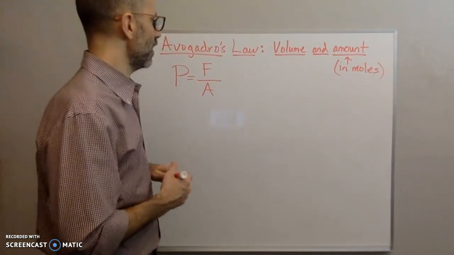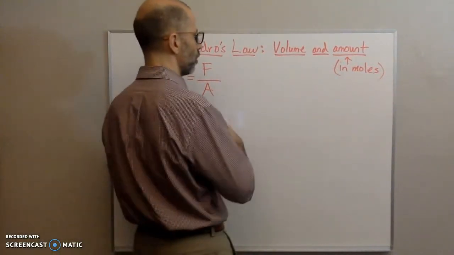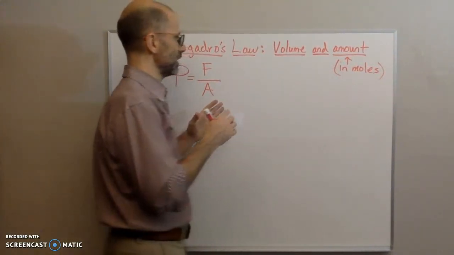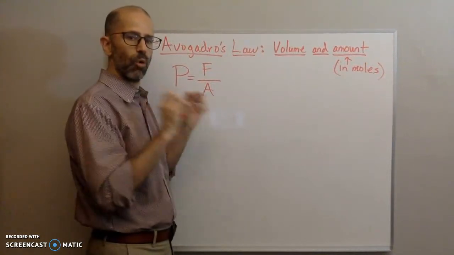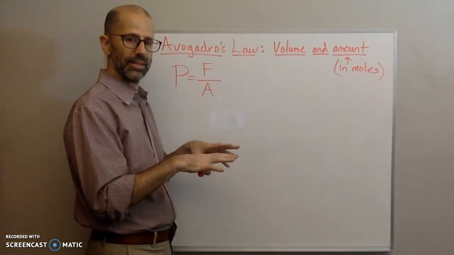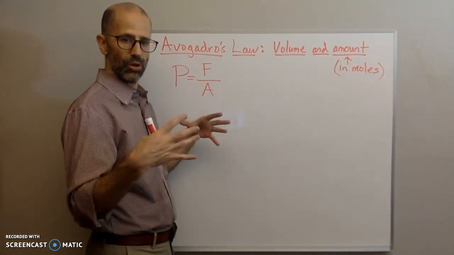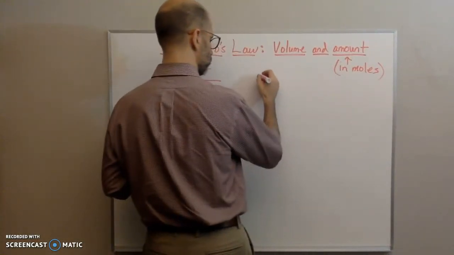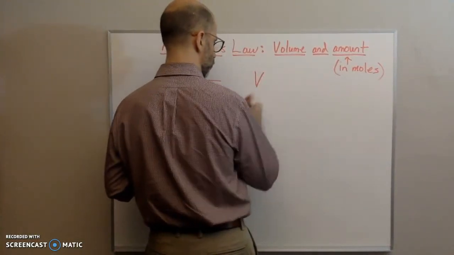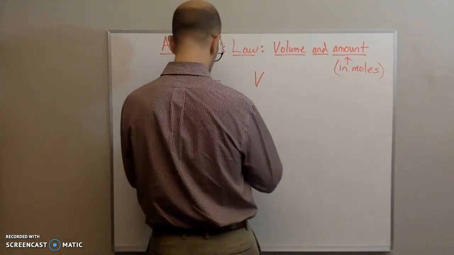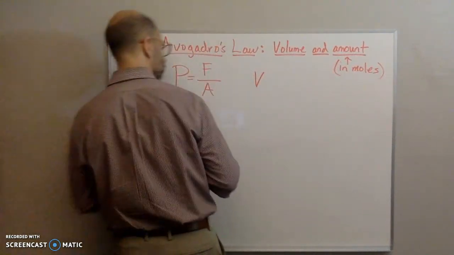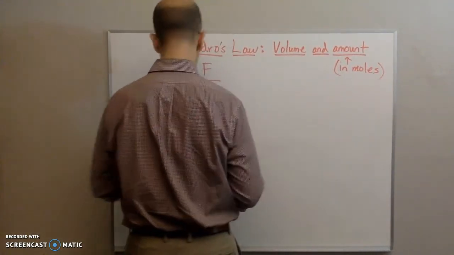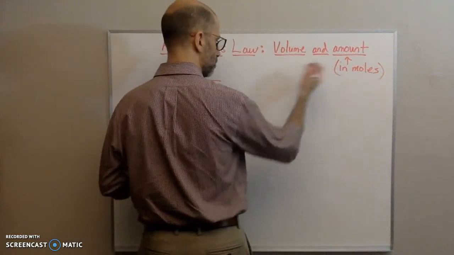So if we express this as we did before, you can see that the more gas we put in, the larger the volume. So it's a direct relationship. We can do it this way: the amount of the gas, so in moles.